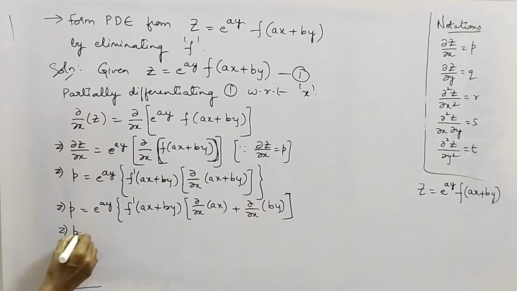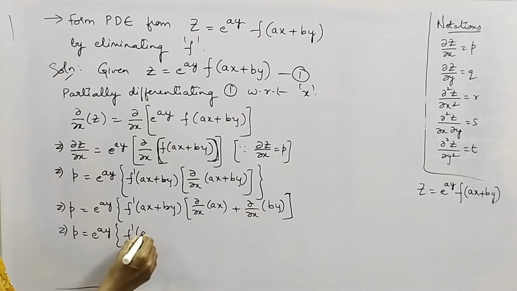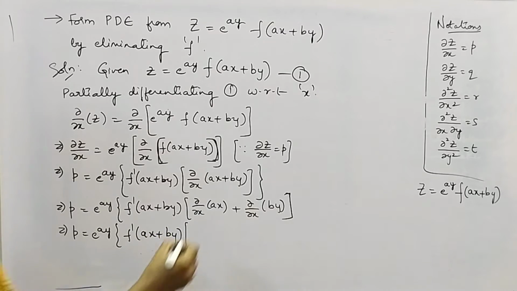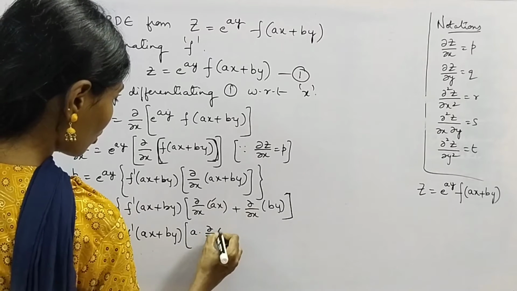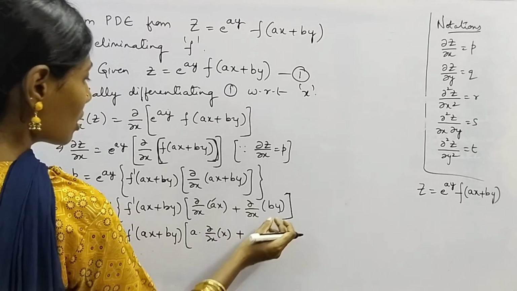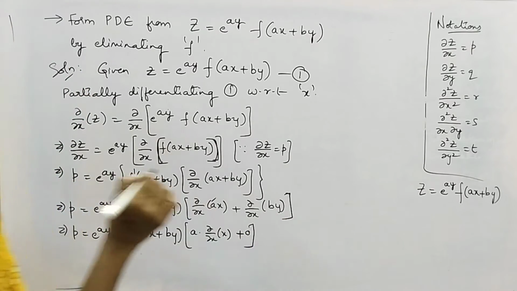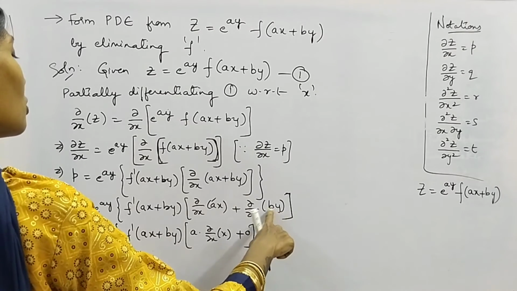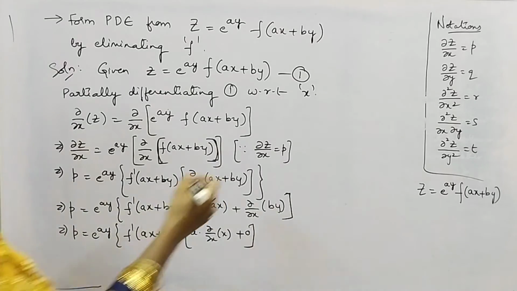This gives us p equal to e power ay into f dash of ax plus by into, here a is constant, right? We can write this as a into dou by dou x of x plus the partial derivative of a constant with respect to x, which is 0. Since we are partially differentiating with respect to x, we treat y as constant and also b is a constant, so by is treated as constant here.